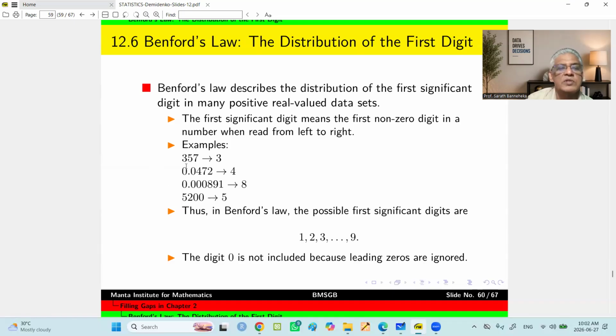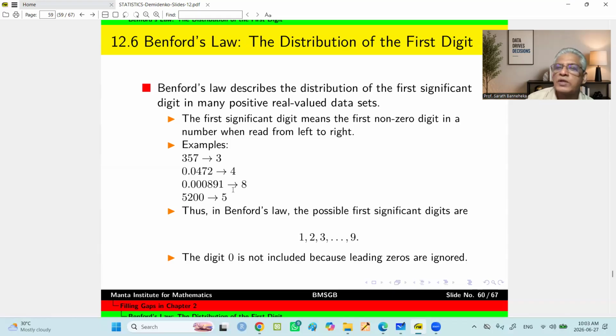For example, if you consider 357, the first significant digit is 3. For this number, first significant digit is 4. For this number, the third number, first significant digit is 8. So that is the first non-zero digit appearing when you are reading from left to right.